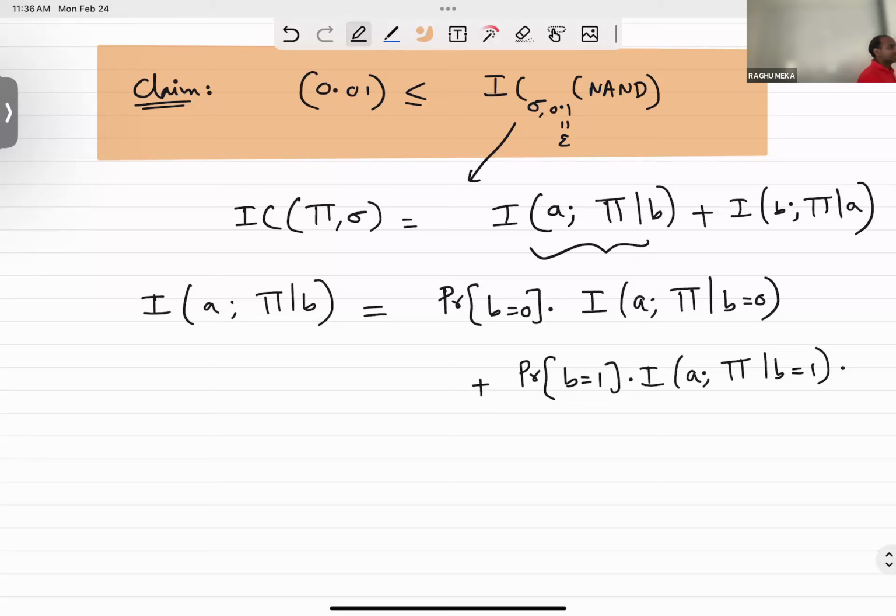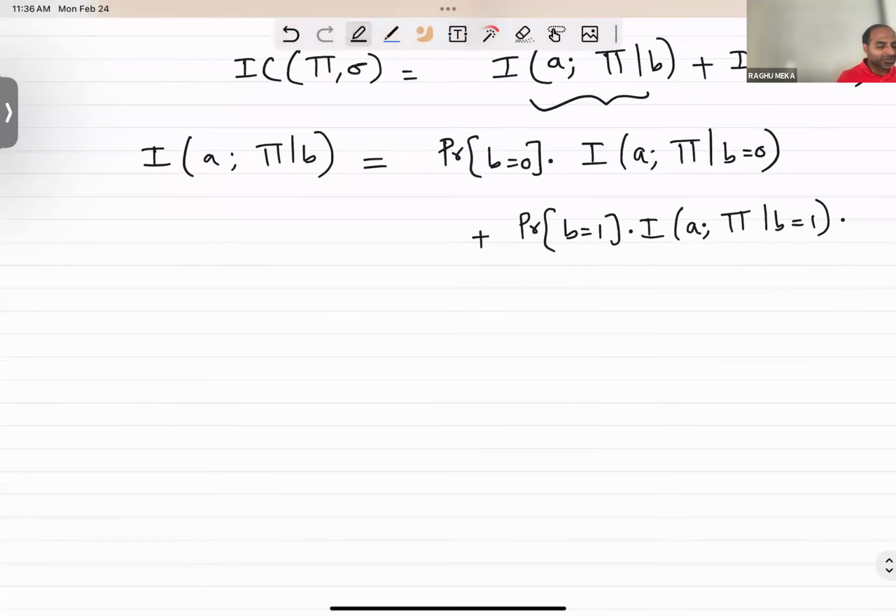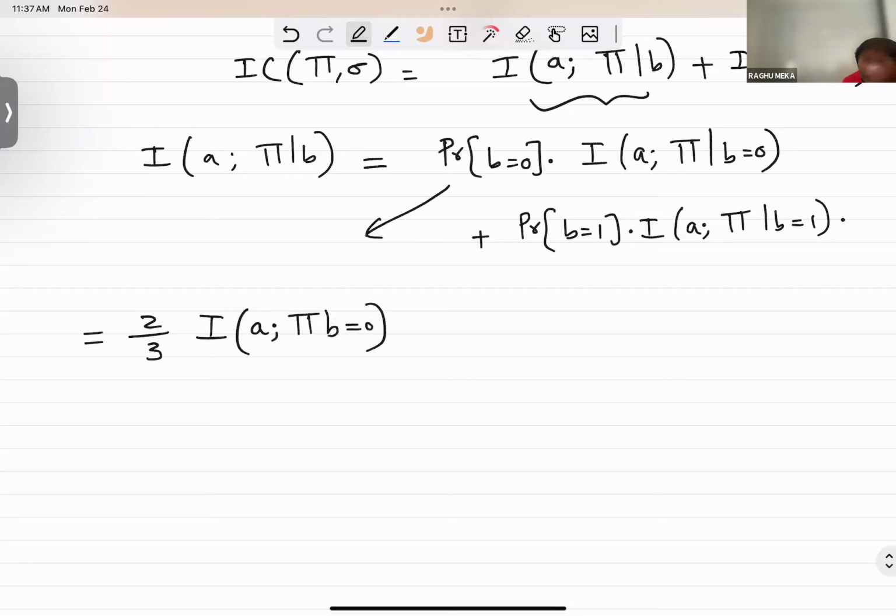What is probability B equals 0? Remember, A and B are sampled according to sigma. So what is this quantity? This is 2/3. The marginals are biased. The support is 0, 0, 0, 1, 1, 0. So probability that B equals 0 is 2/3. So this is 2/3 times the first term, plus 1/3 times the second.